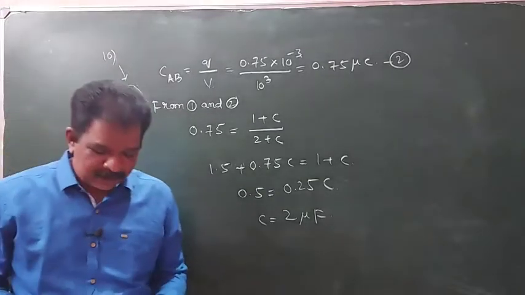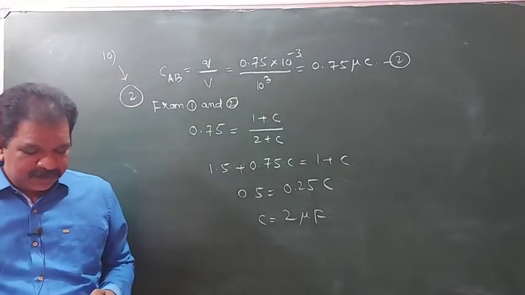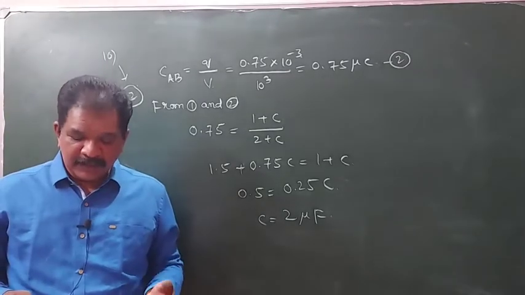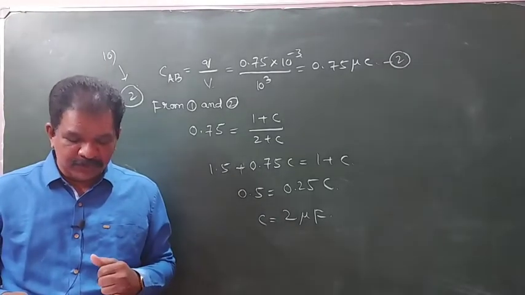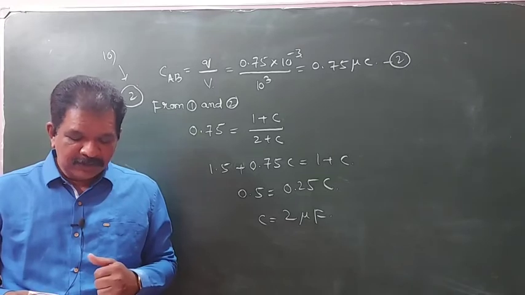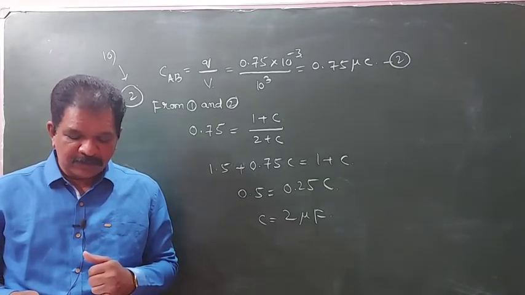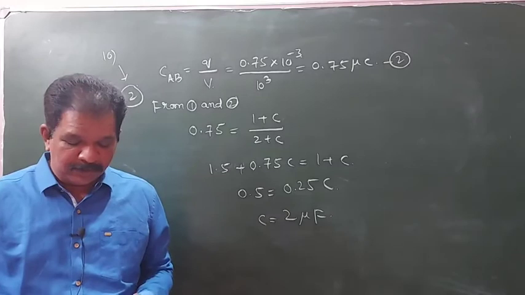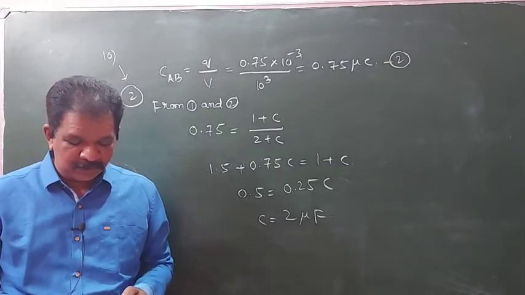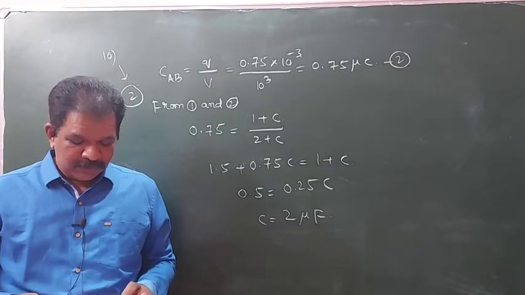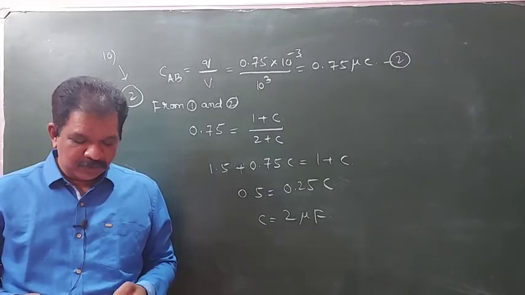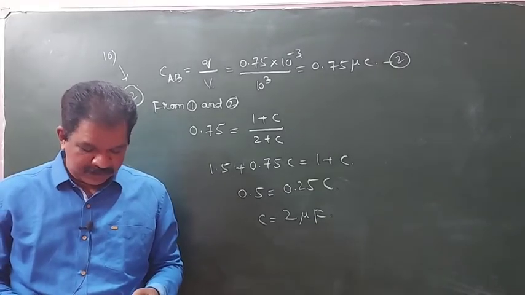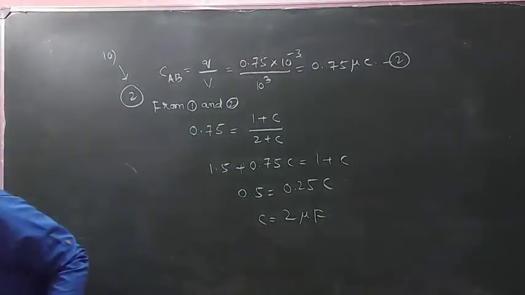Clear? Next, 11th one. See the diagram. Area of each plate is 2 meters square. D given, a charge of 8.85 into 10 power minus 8 coulombs is given to plate. Then the potential of Q will be how much, they are asking. Okay.